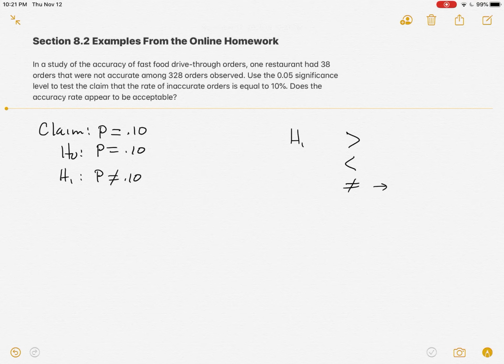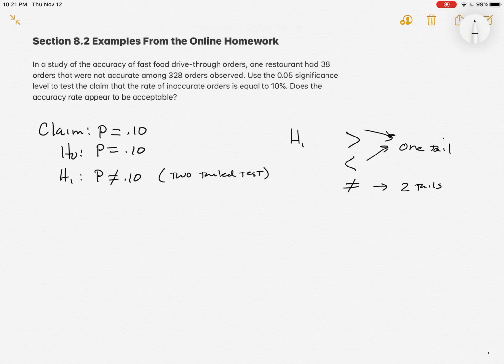We do want to remember that not equal to implies two tails, where these two right here imply one tail. And you saw that in your 8.1 backup. That's going to be important for us to remember, that this is a two-tailed test. So I'm just going to write that right here. This is a two-tailed test. We'll need that in just a moment as we go to calculate the p-value.